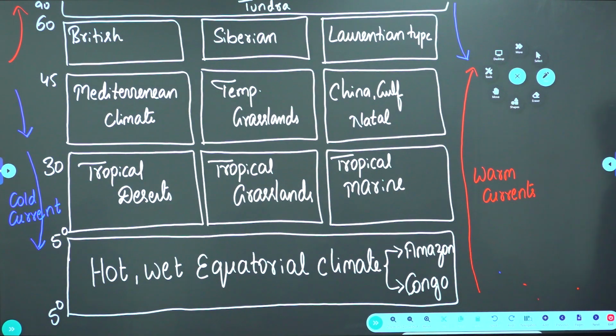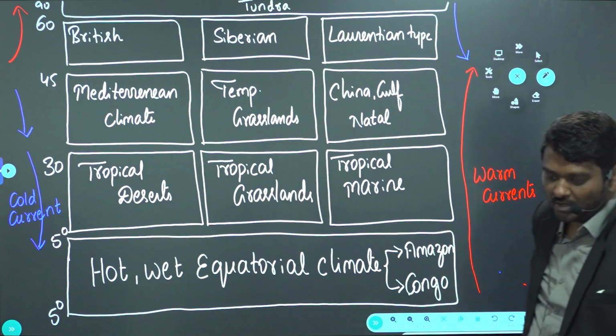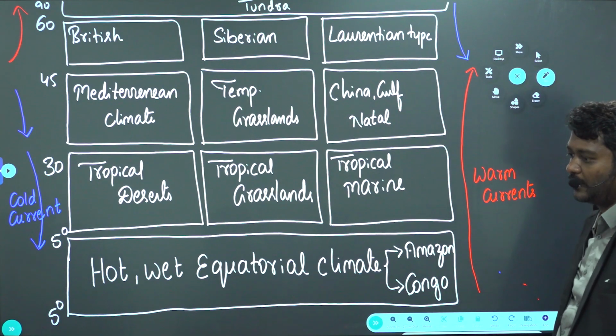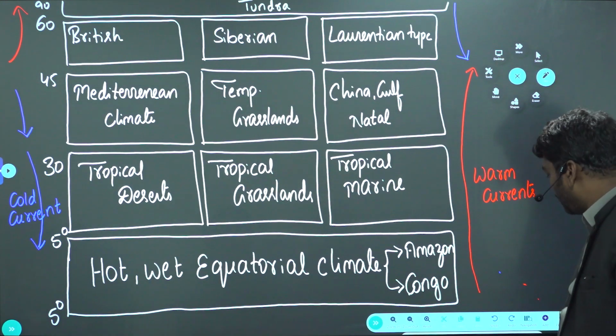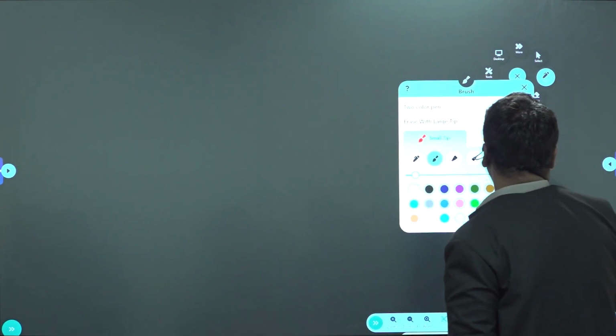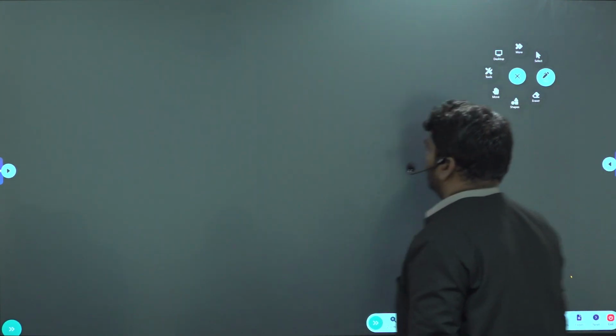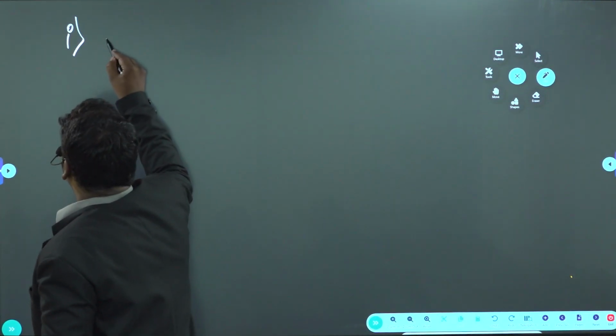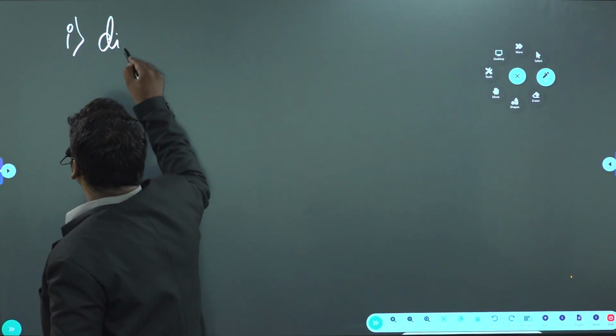I'll just give the points quickly. You write hot, wet, equatorial climate. So the words that you have to look for is, first, see guys, diurnal range is less.